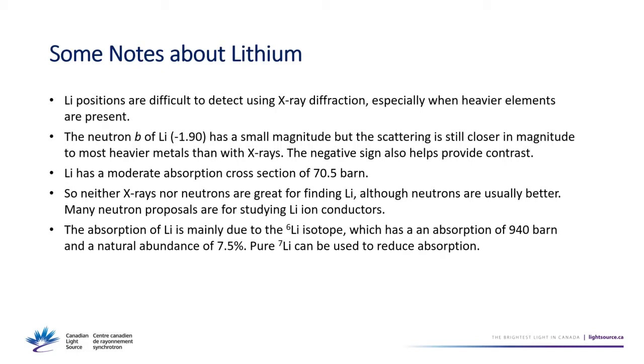It also has a moderate absorption, though it's not necessarily a deal killer. People do use it, and a nice thing is that you have the option of isotopic substitution. One isotope has a high absorption, but the other one is quite small, so you can use pure lithium-7 to reduce absorption.